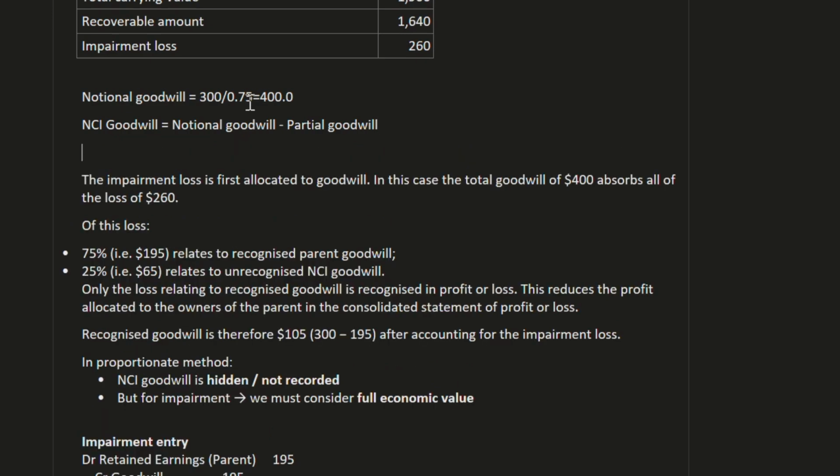Same, you will get the NCI. NCI equals notional goodwill, 400, minus partial goodwill, 300. NCI will become 100. That's how we need to calculate it.